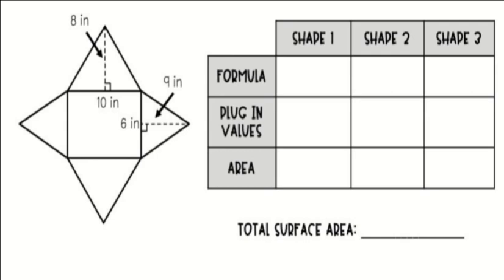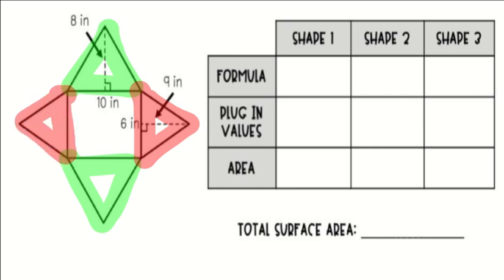So what we have is three unique shapes in this. This triangle and this triangle are going to be the same. This triangle and this triangle will be the same, and then we got our rectangle there in the middle. So let's start with the easy one. We'll do the rectangle.